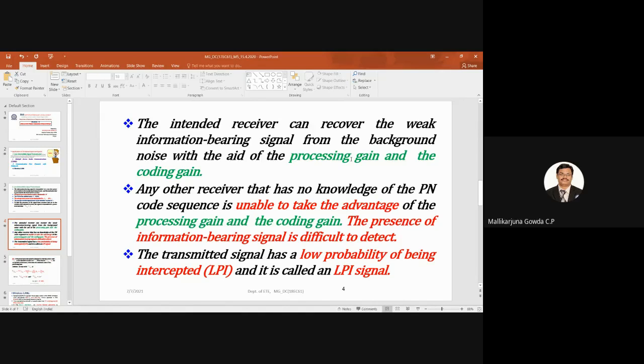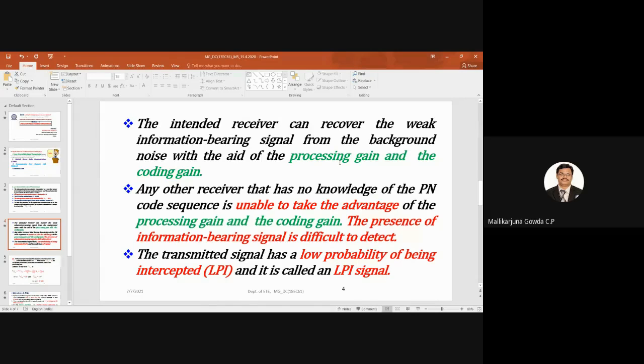And I think it is also related to signal power and interference power, right? Then how it is possible to detect such a low power signal is because of the processing gain and the coding gain.